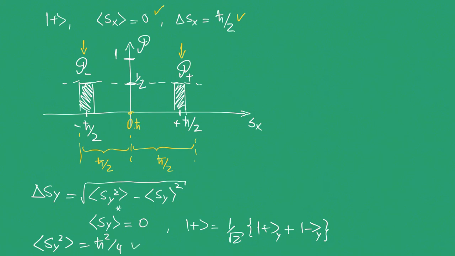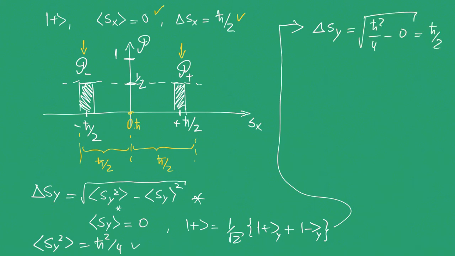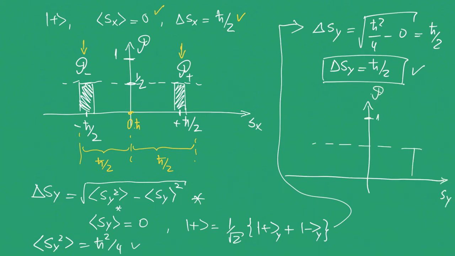And if you plug all these values back into this equation, we will find the uncertainty for Sy. Once again, this result makes sense for the same reasons given for Sx. I'll write down now the histogram for this case. It will be like this. In summary, for ket plus we have the following.